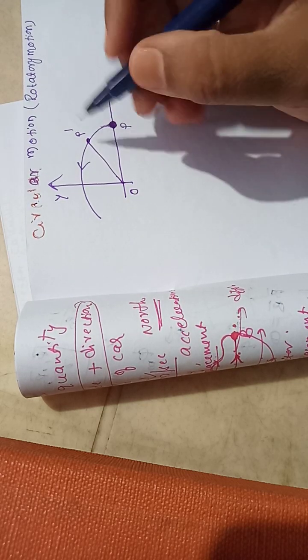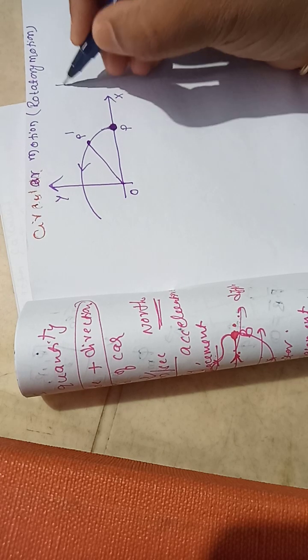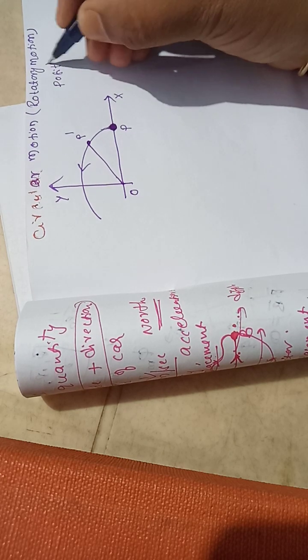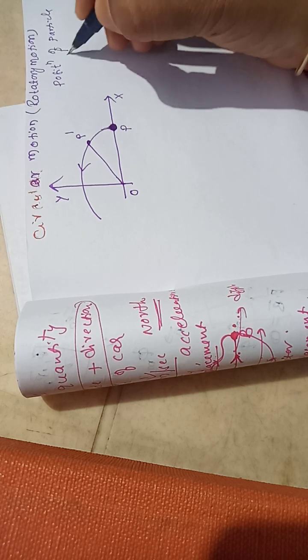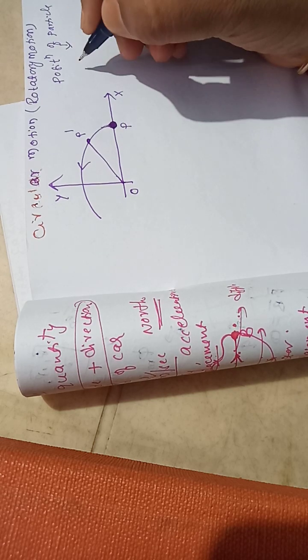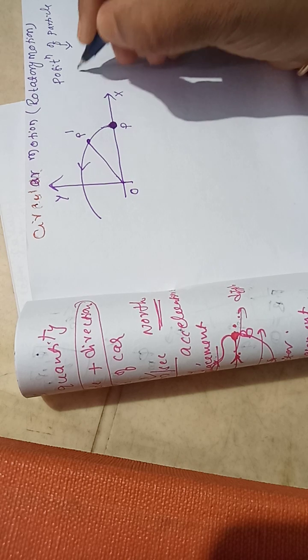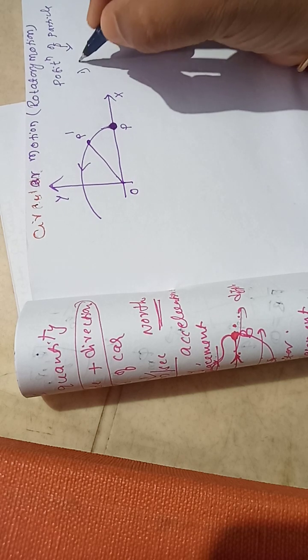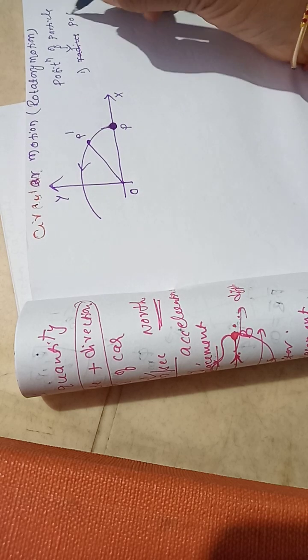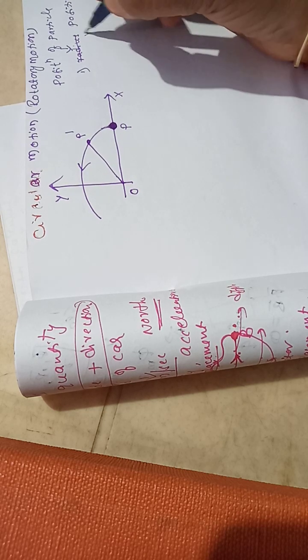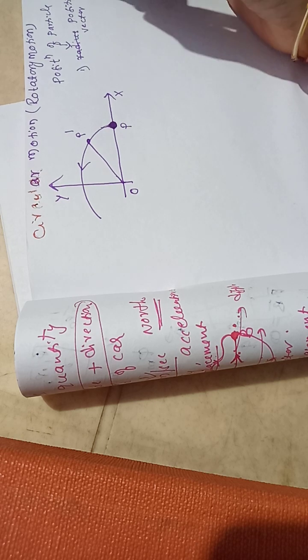Now here we want to specify the position of the particle. To specify the position of the particle, we need two coordinates. First one is the radius vector, or let us say the position vector. What is the position vector?